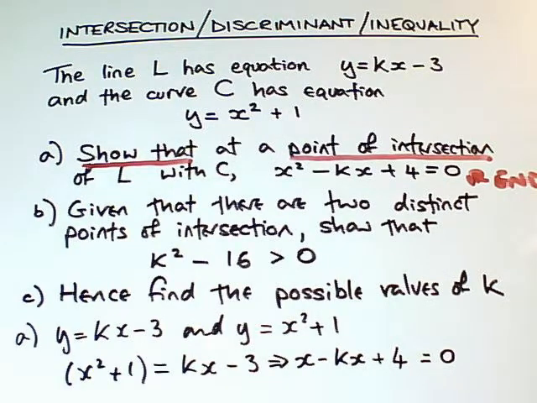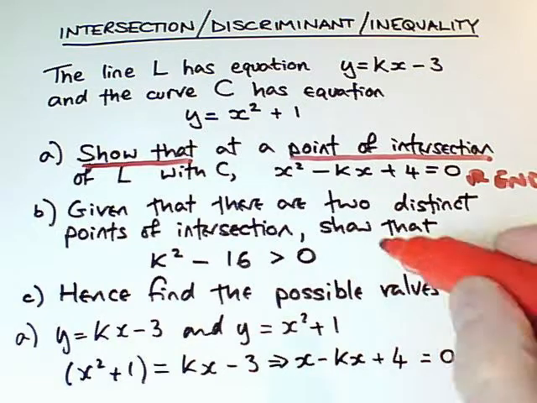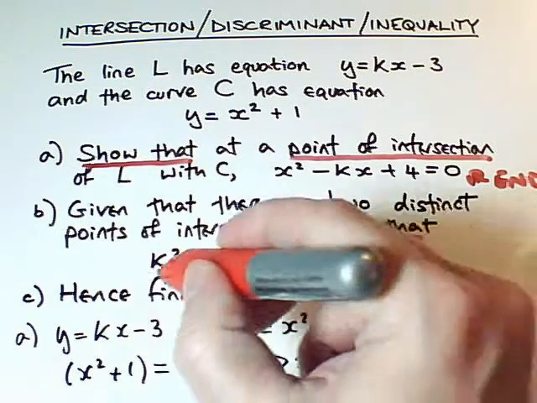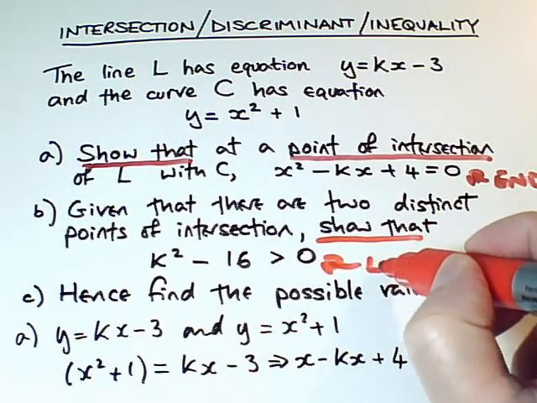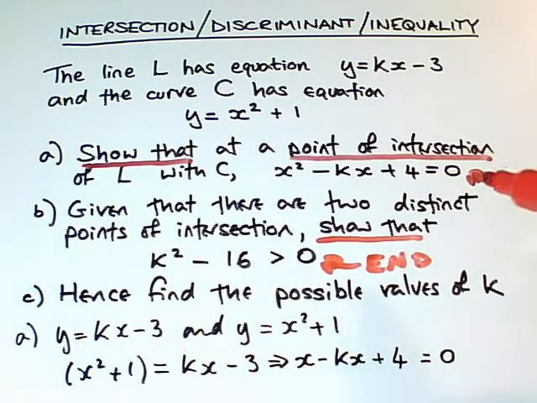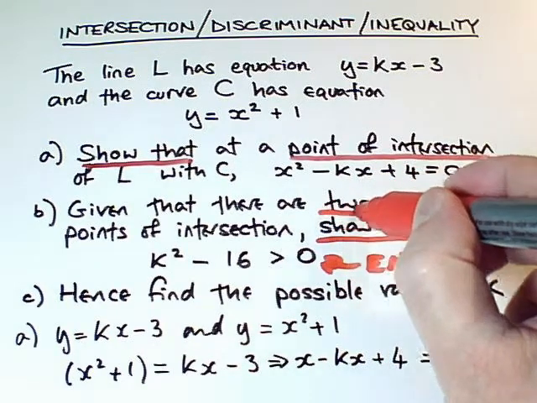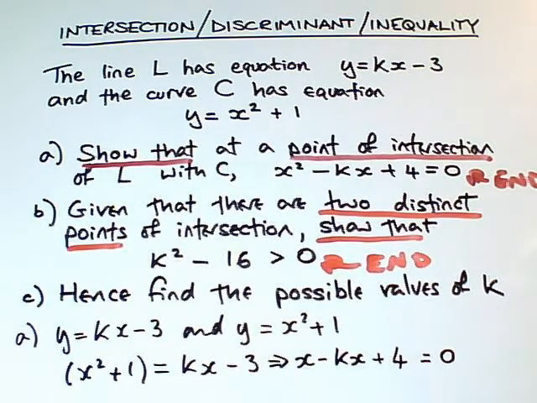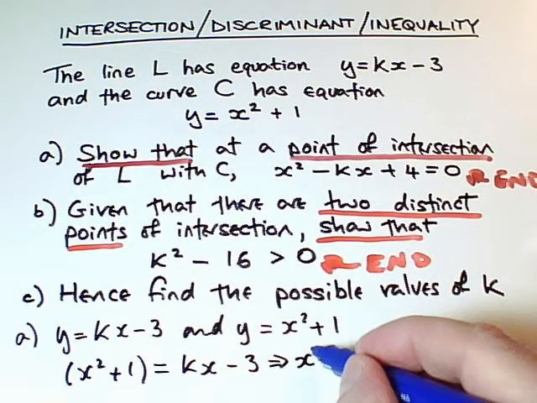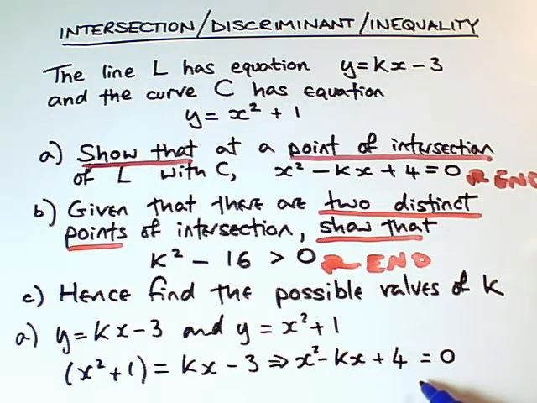In part B, the thing to latch onto for my start point, well, once again, it's a show that question, so this is my end point again. That's where I want to end up. Where's my start point? Well, it tells me there are 2 distinct points of intersection. When I've just got a quadratic equation, 2 distinct points means 2 distinct roots.